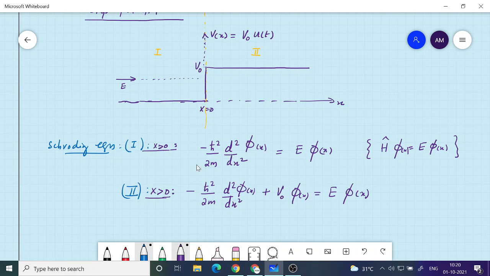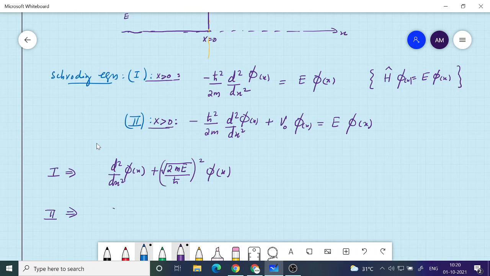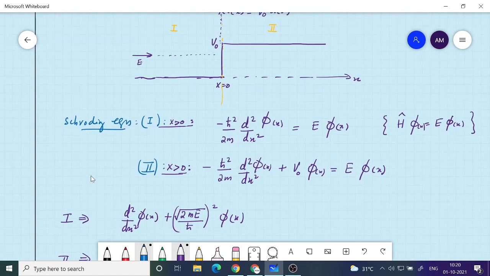Now what could be the solution? The equation 1 basically is d square by dx square psi of x plus 2me by h cut the whole square psi of x, and in region 2 we will have d square by dx square psi of x plus... I am assuming the case where V0 is greater than E, the energy of the electron.